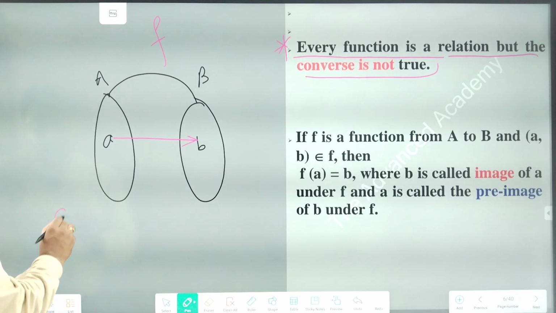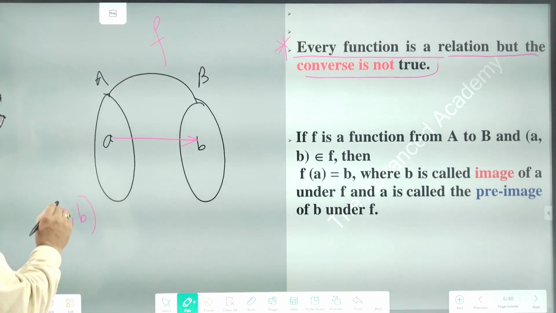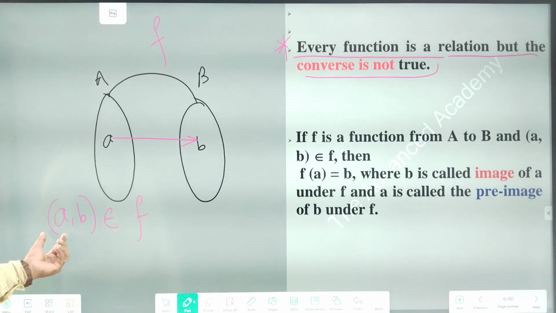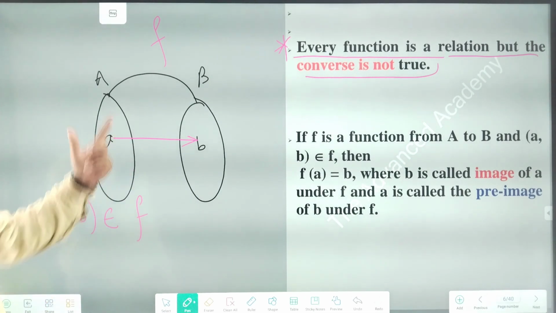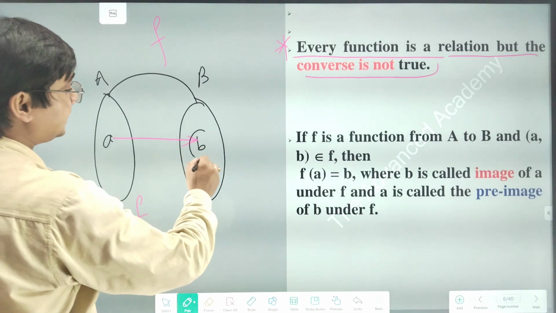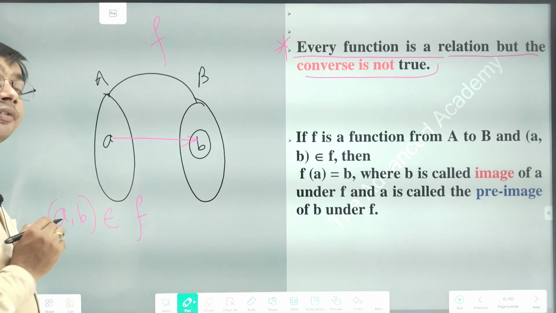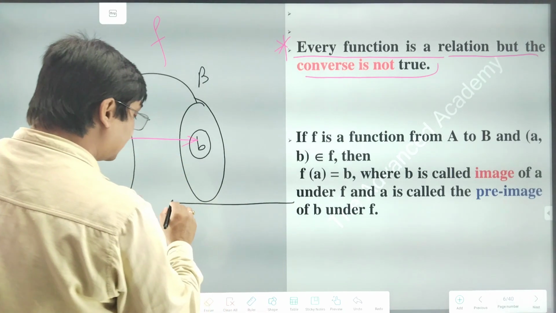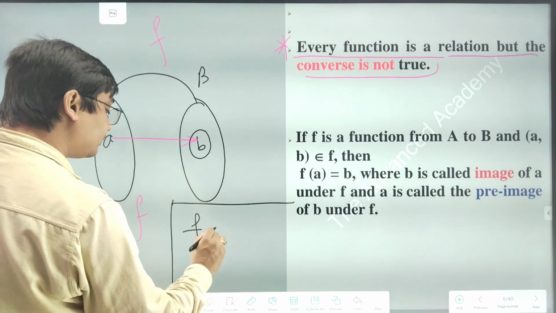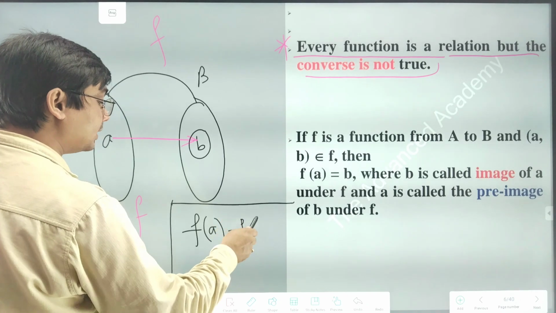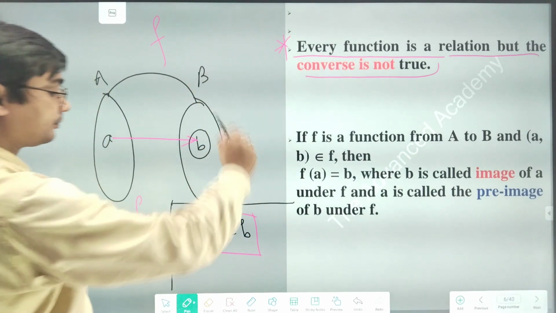Then (a, b) belongs to f. This ordered pair (a, b) will be inside f. Or you can say this b is the image of a, and how do we write this mathematically? f of a equal to b.